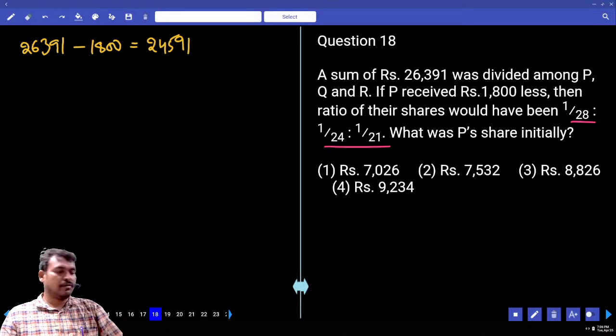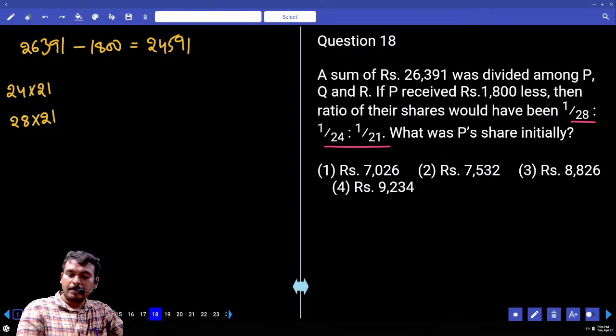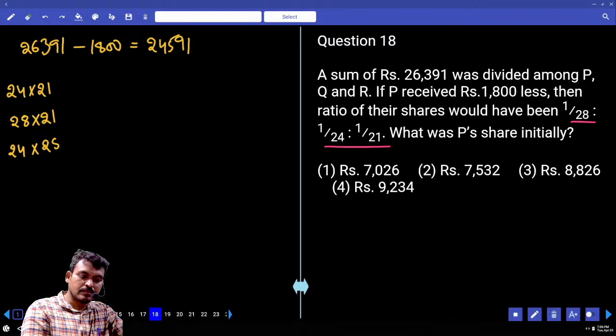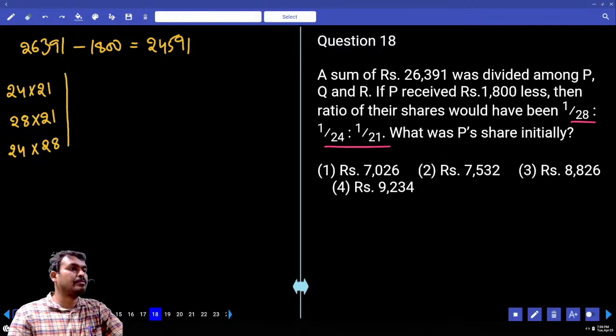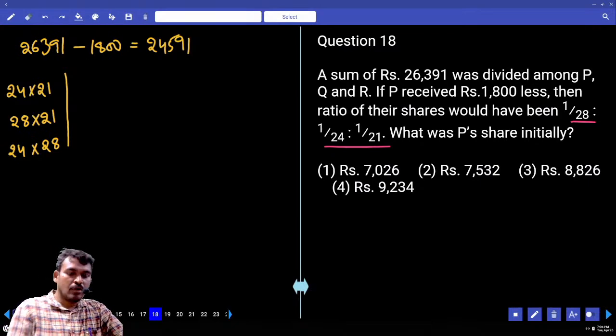Then if you require the first term, the remaining 2 multiplied. What is the first one? 24 into 21. Second one 28 into 21. Third one 24 into 28. All are in 7 multiples. Again all are in 2 multiples. Sorry, all are in 4 multiples.